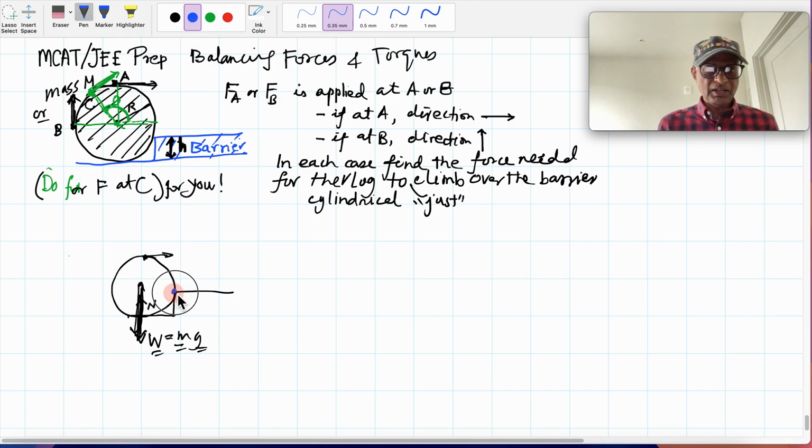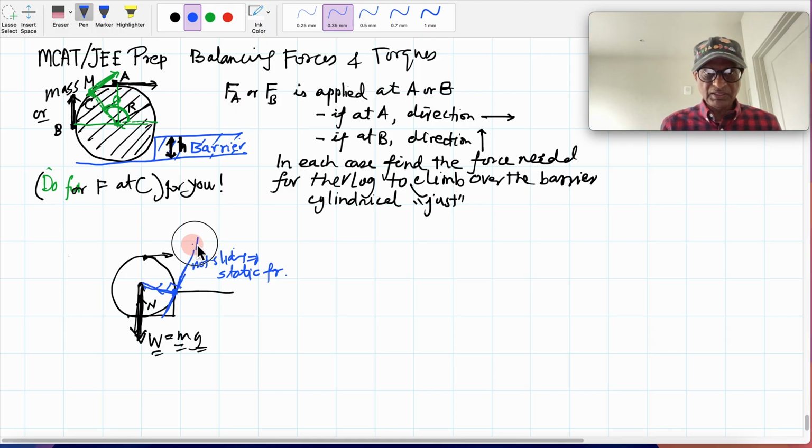And then it's in contact over here. Because it's not sliding, that means you can have some kind of static or rolling friction. Static friction, okay? And then of course towards the center will be the normal.